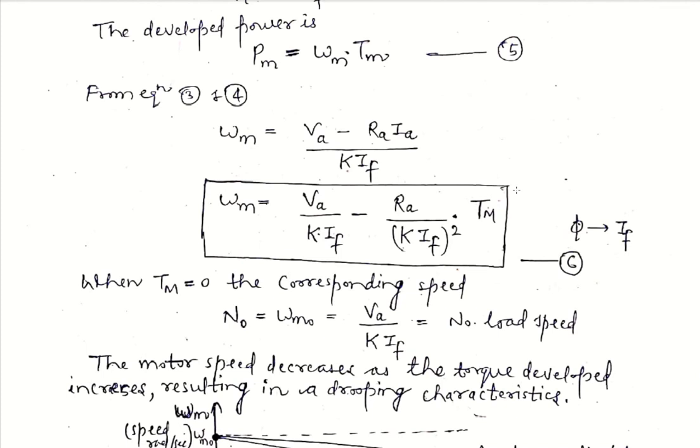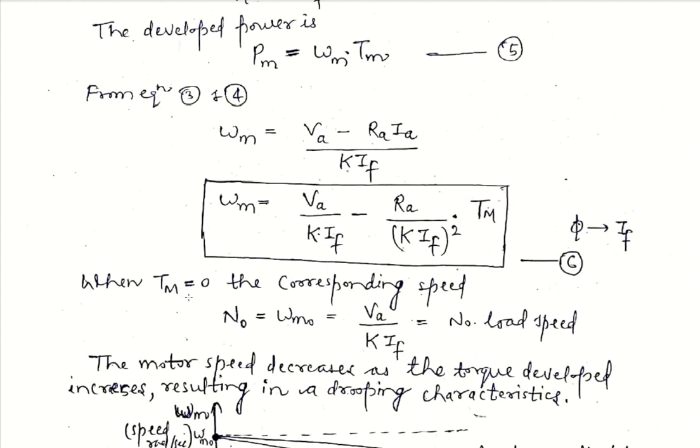In this expression we can easily see that it is the expression of a straight line having a negative slope. This is the speed versus torque expression, and V by K If is known as the intercept on the y-axis.